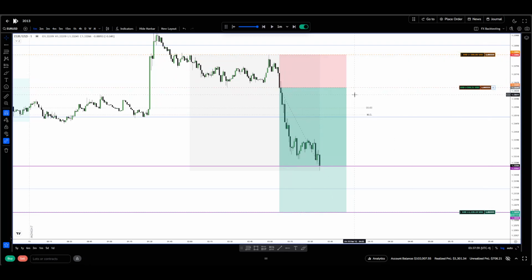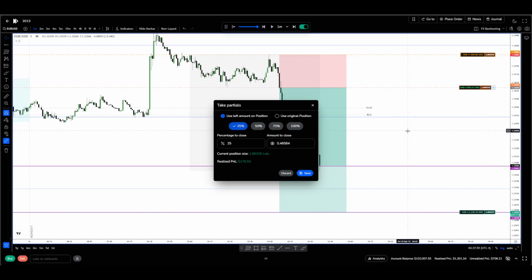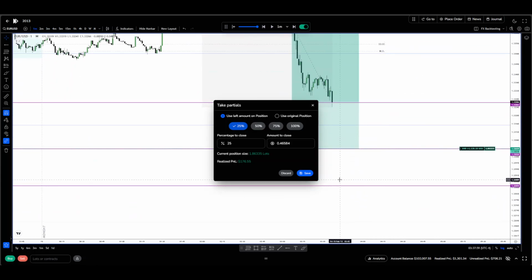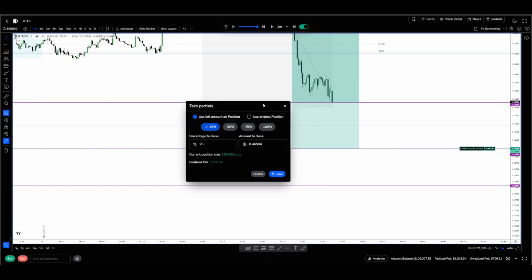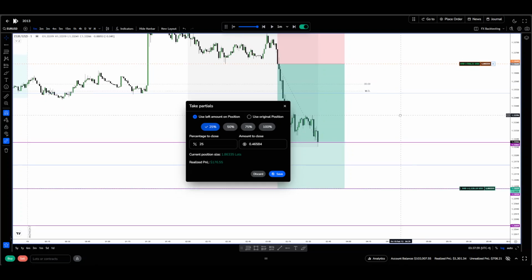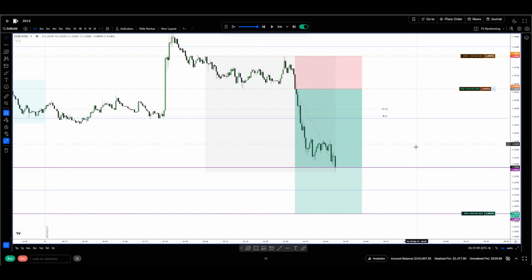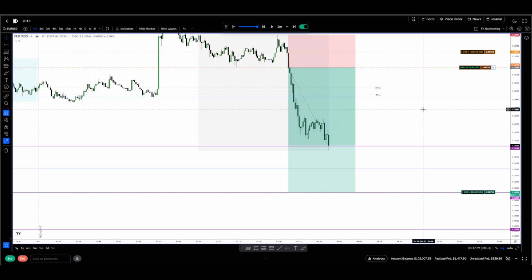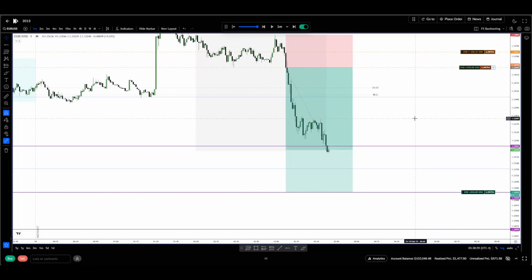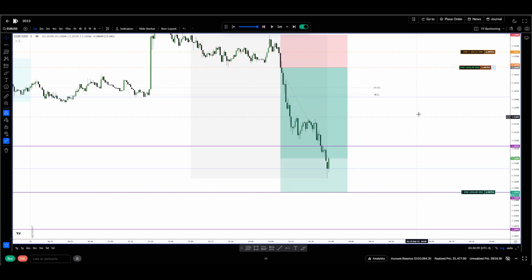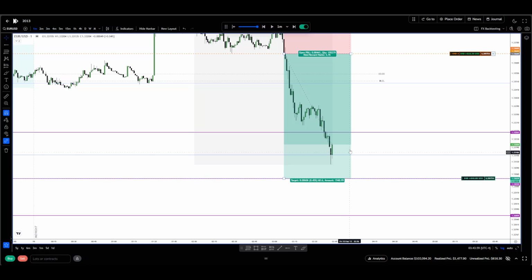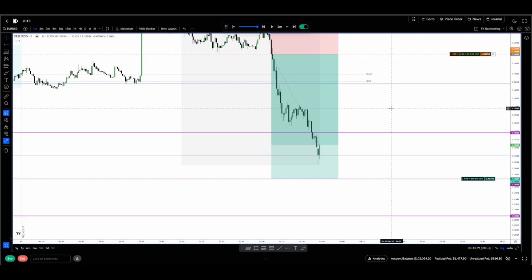I can go break even, or I can take some partials, since we're very close to my target and there's the other target. Maybe I'll take 25% to cover the costs, and maybe I would have my stop loss. Now I just want to go break even. We're now so close to my TP that I don't want to lose anything more.